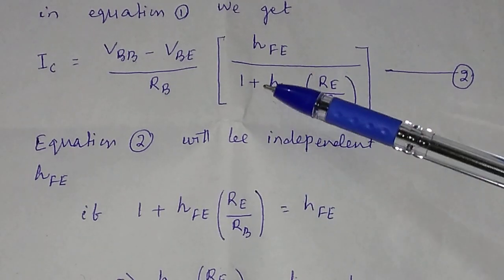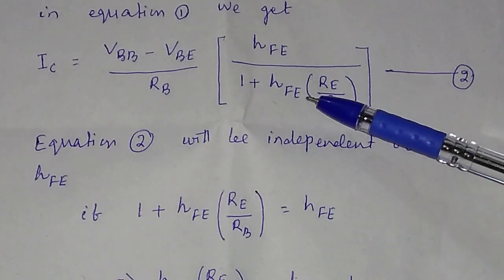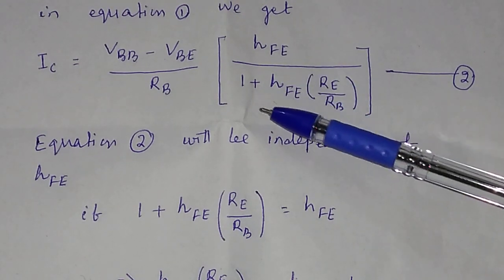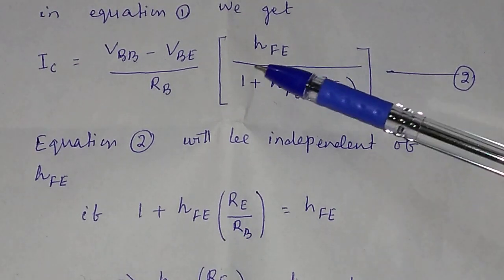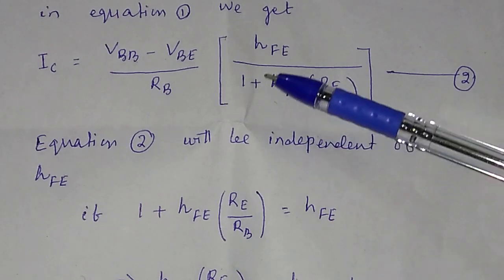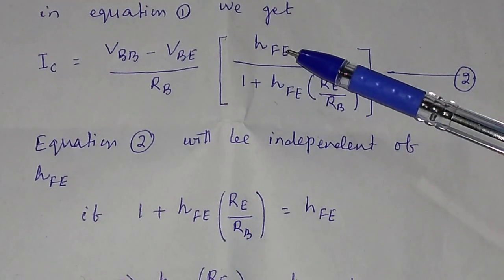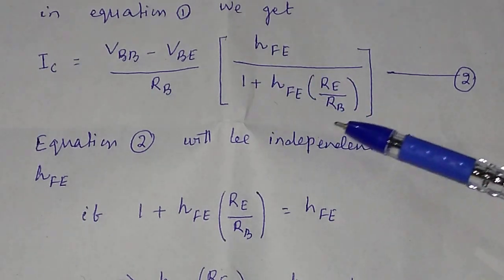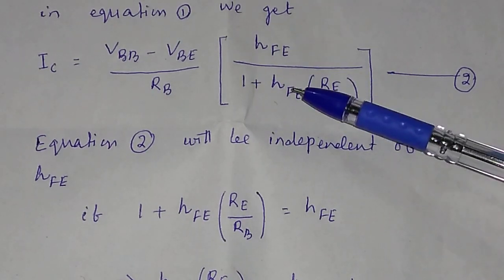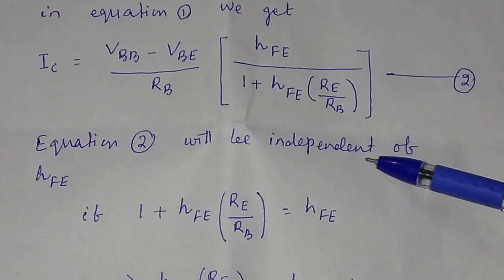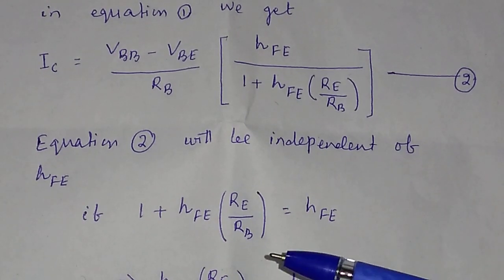You see in the denominator you have 1 plus HFE into RE divided by RB. If this denominator term will be equal to HFE, then HFE cancels HFE in the numerator. So this term should be HFE. Then this will cancel, and in equation 2, IC will be independent of HFE.